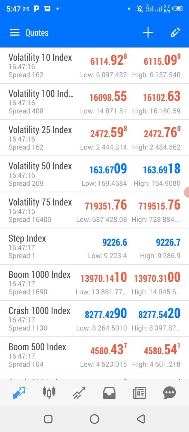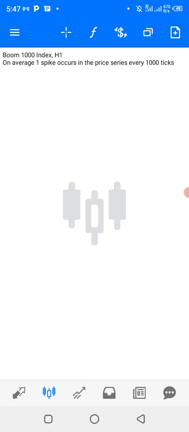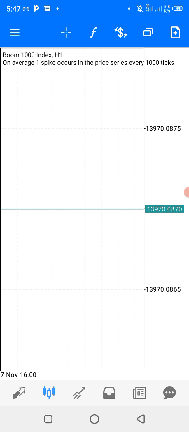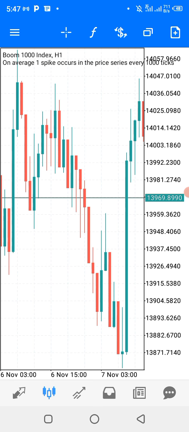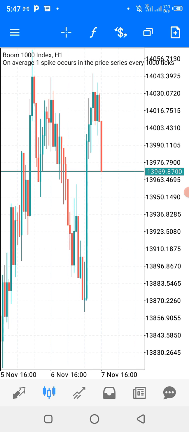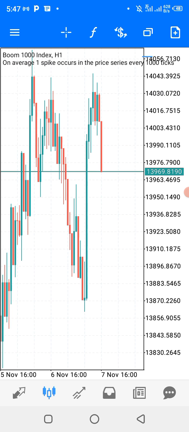So let's go to Boom 1000. Okay, this is the H1 time frame. You see, this one is live. You see that this market reacted to this level and sold.